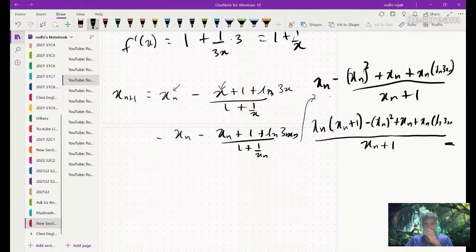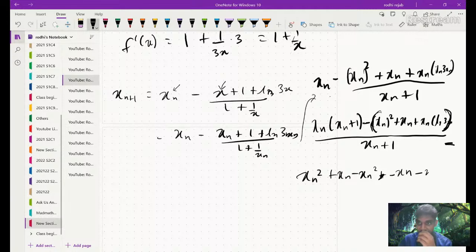Sorry viewers, there is one part that I completely left out. Make sure this whole part is in brackets, because when we minus, this will be negative x_n squared, which we cannot write down as positive. So this would be minus x_n, and also negative x_n ln 3x_n, over x_n plus 1.